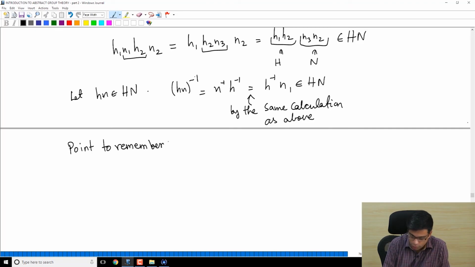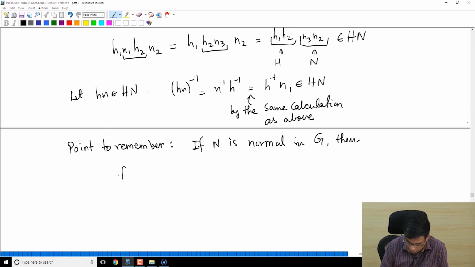So the point that I want to highlight here, and this is the point we used above: if N is normal in capital G, then for g in G, gN is equal to Ng.